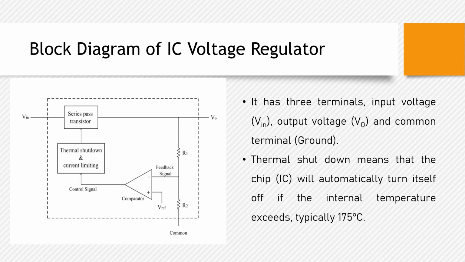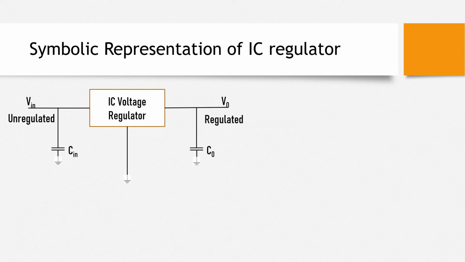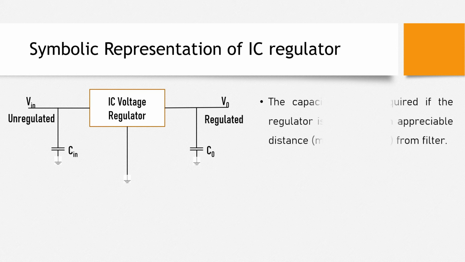So these are the inbuilt protections in an IC voltage regulator. The symbolic representation of an IC voltage regulator is as in this form. It has three terminals: the input terminal, the output terminal, and the common terminal, the ground terminal.